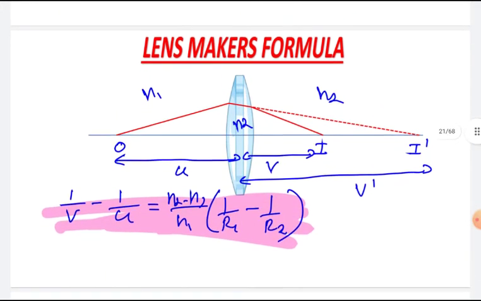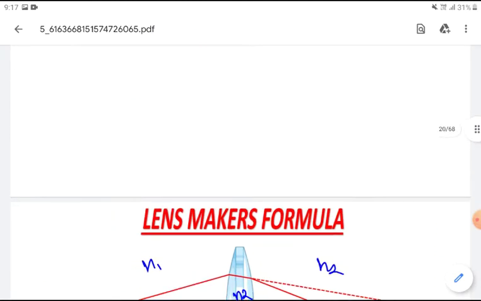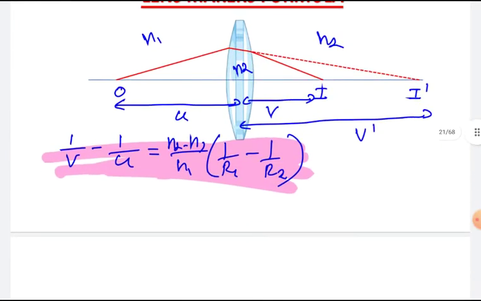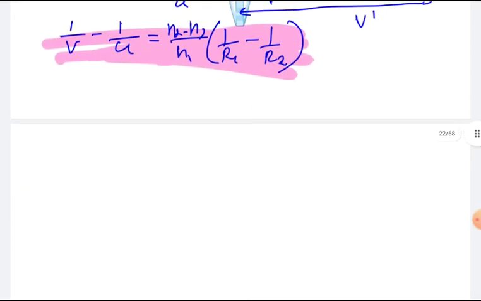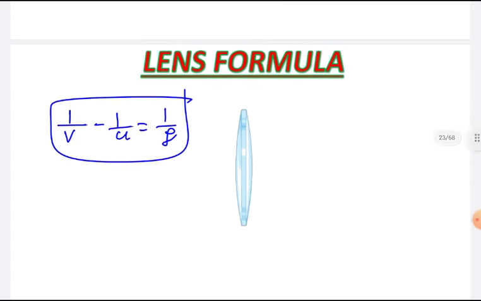Lens maker's formula: 1 by v minus 1 by u is equal to n2 minus n1 divided by n1 in bracket 1 by r1 minus 1 by r2. Lens formula: 1 by v minus 1 by u is equal to 1 by f.